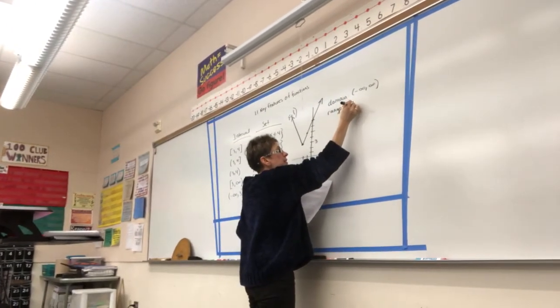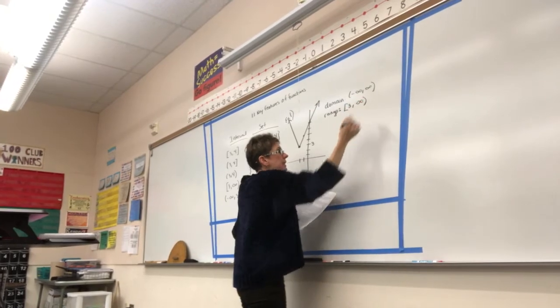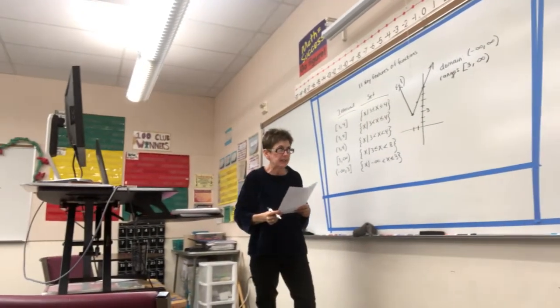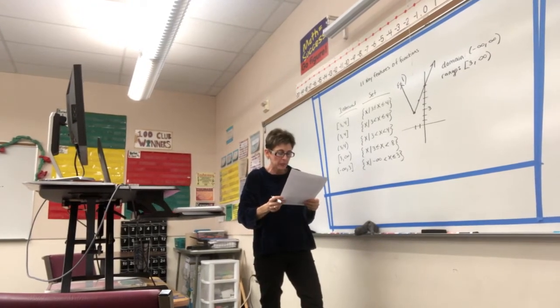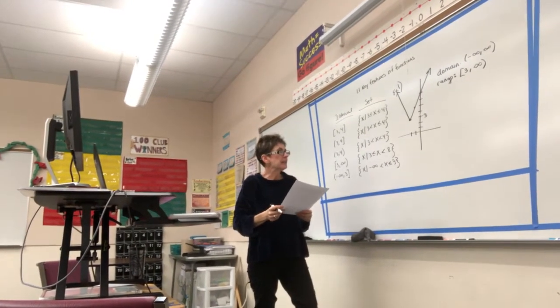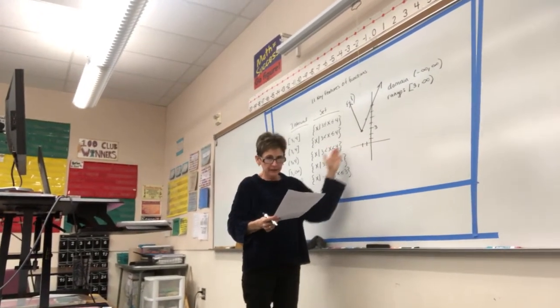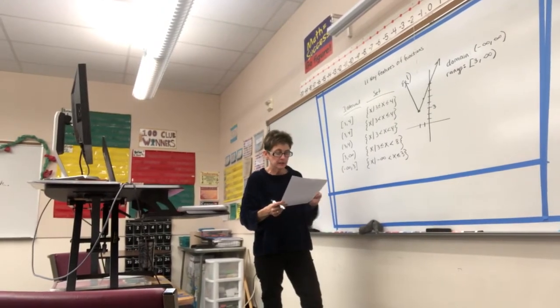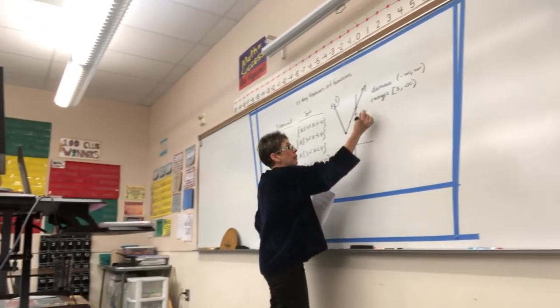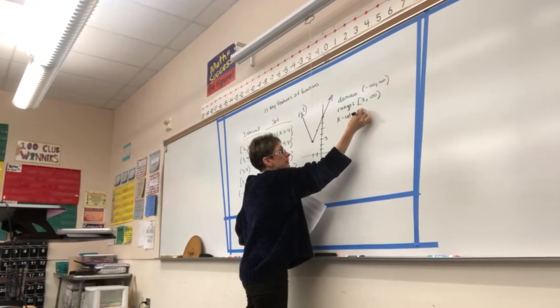So I would put a square bracket on 3 and put a comma and then write infinity, because y can be equal to 3 or greater than 3 all the way to infinity. Now it says identify the x-intercepts. X-intercepts means where does this graph cross the x-axis? And you can see that it does not cross the x-axis at all. So for x-intercepts, we would say none.